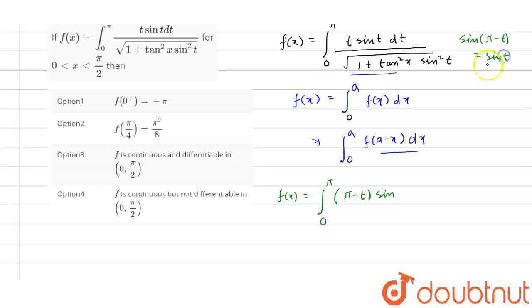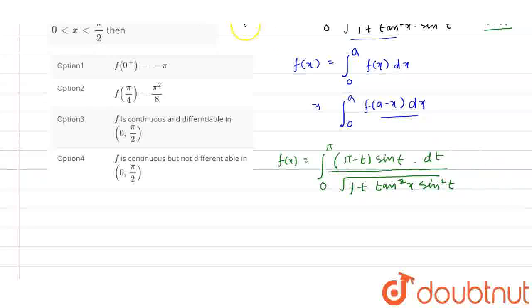So now by putting this value here, we get sine t upon root 1 plus tan square x sin square t into dt.